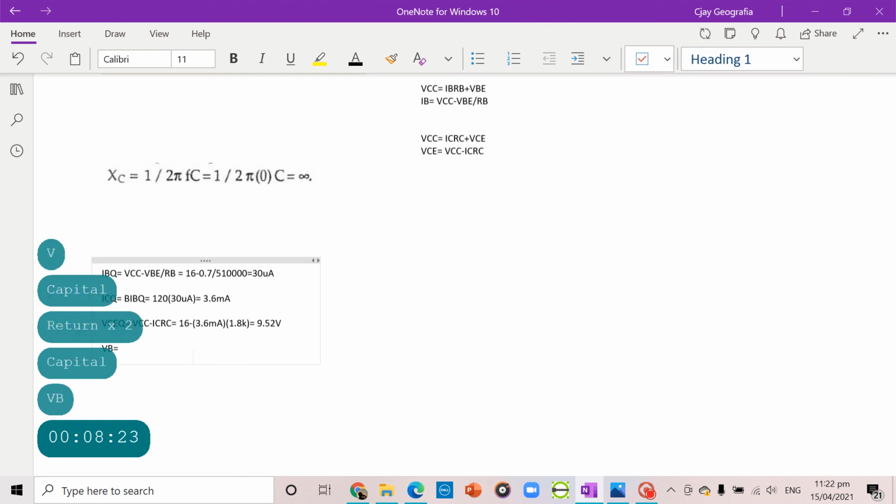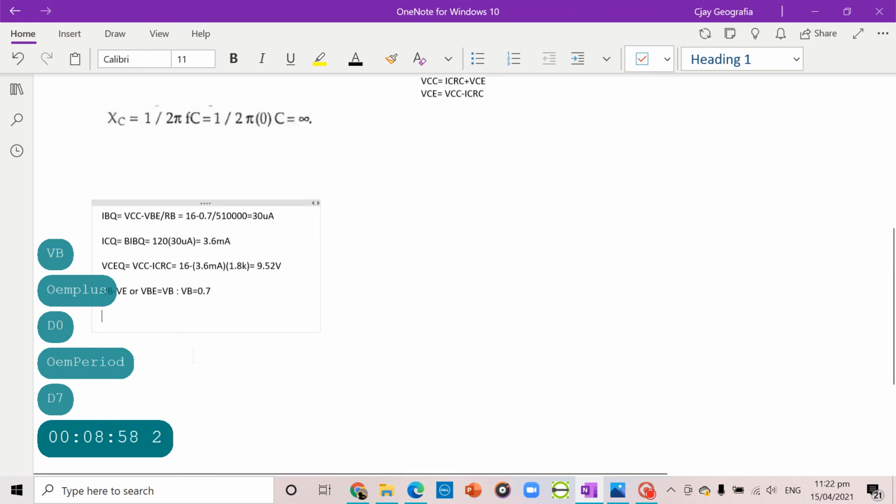And for VB, you can say that VB minus VE, or VBE, is equal to VB. Therefore, VB is equal to 0.7 for the voltage drop of our base circuit.